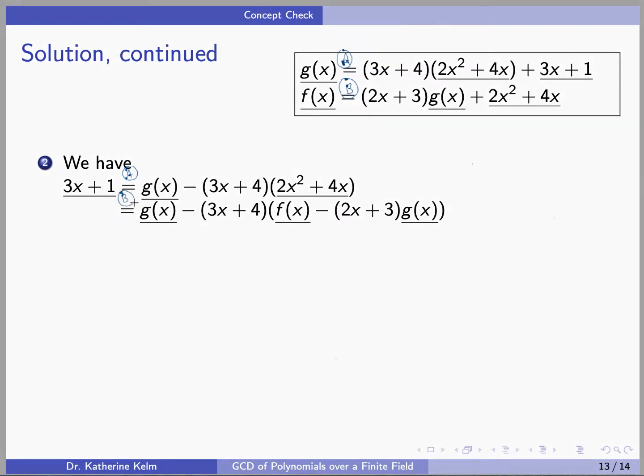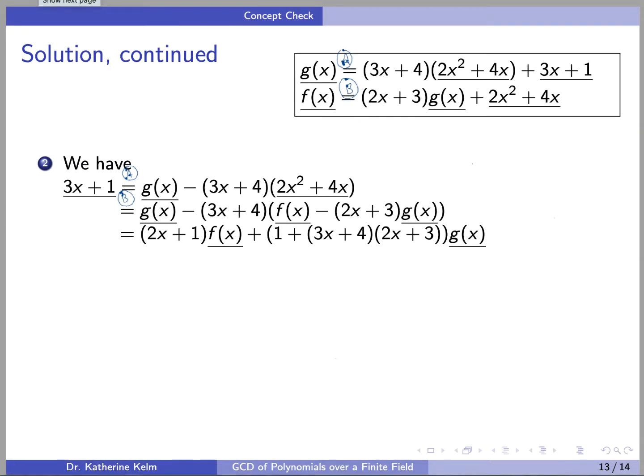Then we can substitute to get g of x minus 3x plus 4 times the quantity f of x minus 2x plus 3 times g of x. Combining like terms and simplifying, we get 2x plus 1 times f of x plus x squared plus 2x plus 3 times g of x.